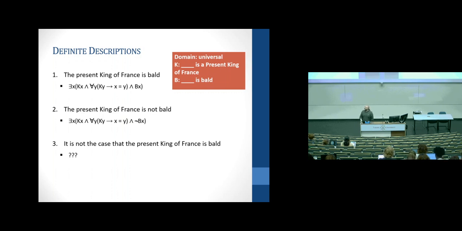It's not the case that the present King of France is bald. And is this sentence, number 3, going to get the same symbolization as 2? This 3 is written out in the same way as 2.